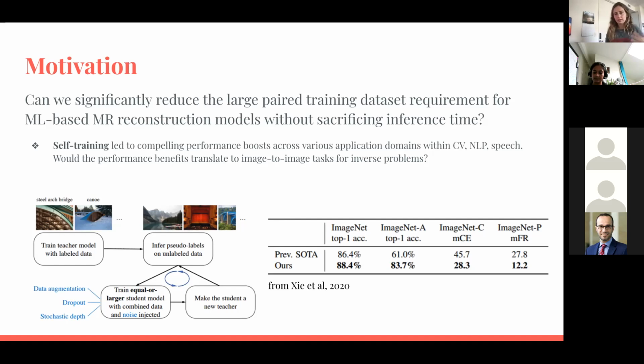So we were interested in, can we adapt that to MR reconstruction, particularly because self-training has been shown effective in image-to-label cases, but here we're operating in an image-to-image case for an inverse problem.